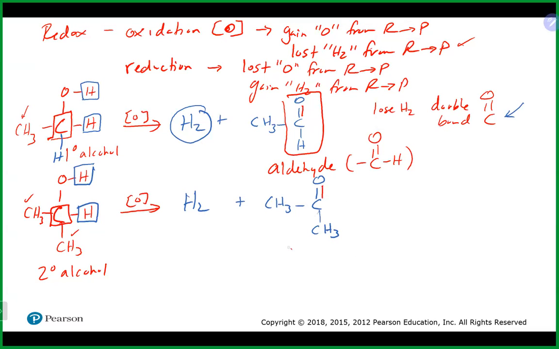That will give me another organic group, which is known as a ketone. And a ketone has the functional group of 3 carbons in a row, and on that middle carbon is where the carbon-oxygen double bond is. And that would be that guy right there. So the oxidation of a secondary alcohol, as we talked about there, will yield you a ketone.